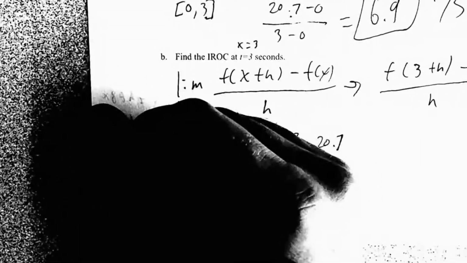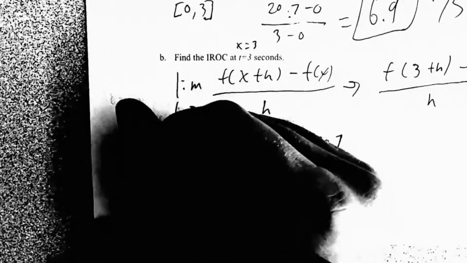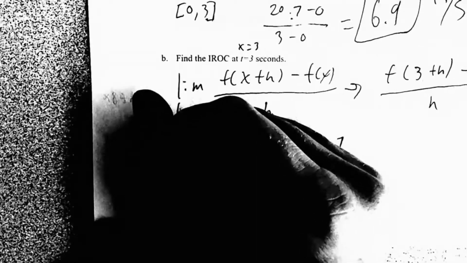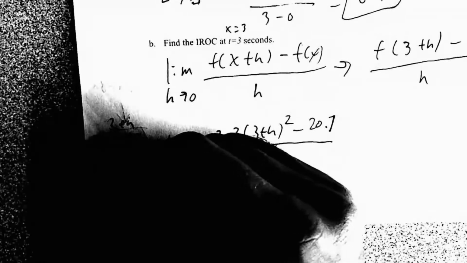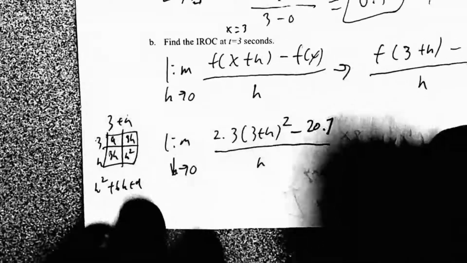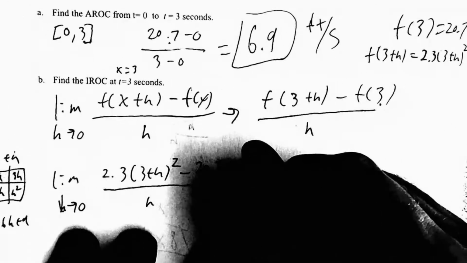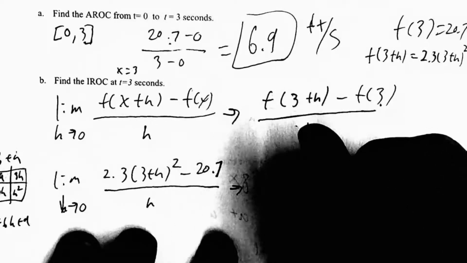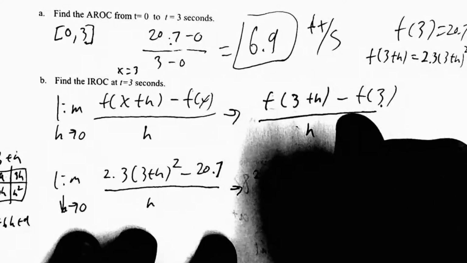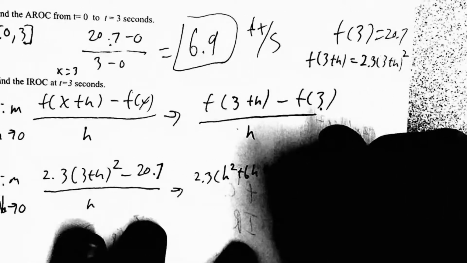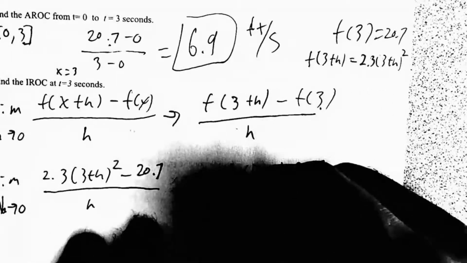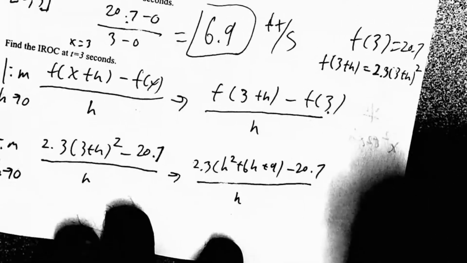Let's expand 3 plus h squared off to the side. 3 plus h times 3 plus h: 9, 3h, 3h, h squared. So we have h squared plus 6h plus 9. That substitutes there. So we have 2.3 times h squared plus 6h plus 9, minus 20.7, over h.